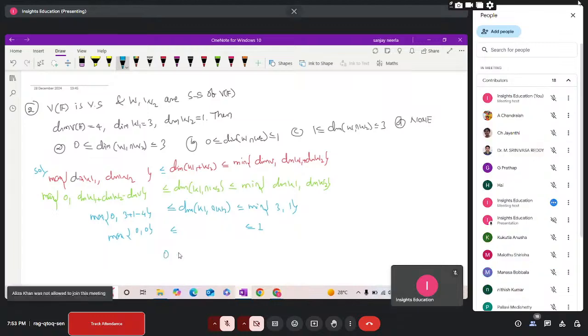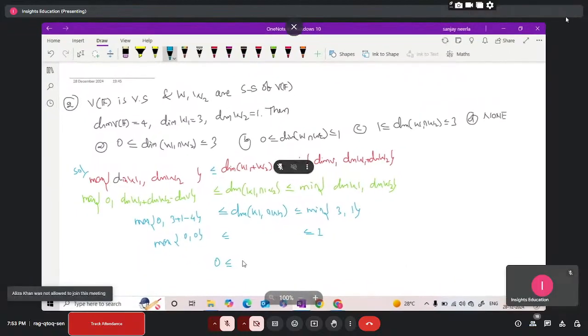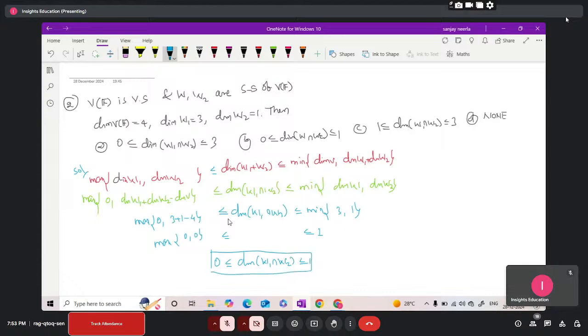We'll get 0 less than or equal to the dimension of W1 intersection W2. It must be less than or equal to 1. So option B is the correct. Very good. Okay. Am I clear? Next one, come to the third problem.